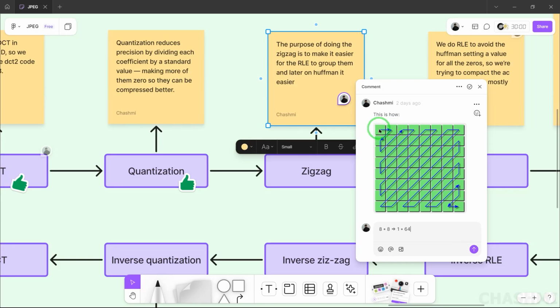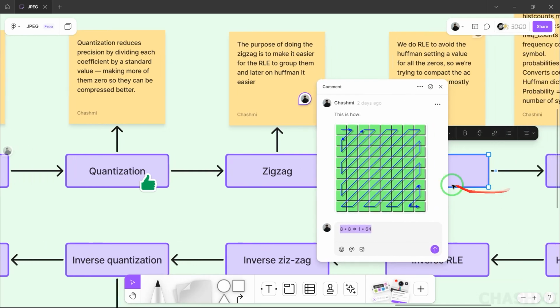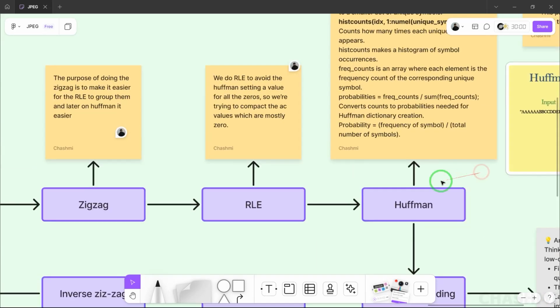Most probably these first values inside the zigzag are not zero. And wherever you go inside the higher frequency, you see zero. So for grouping them, it would be so easy to group many zeros. We are not going to cover Huffman coding, which is the step after RLE.